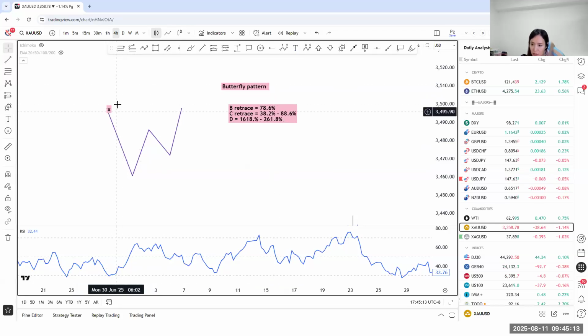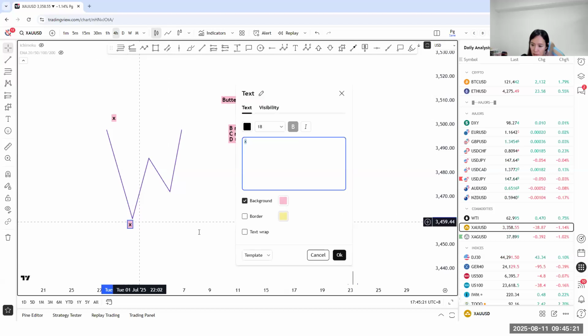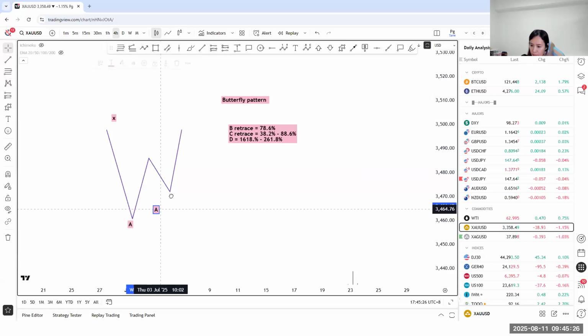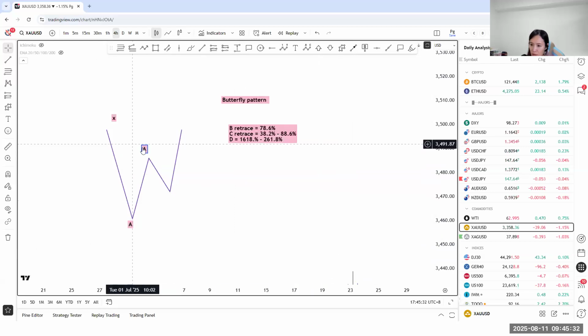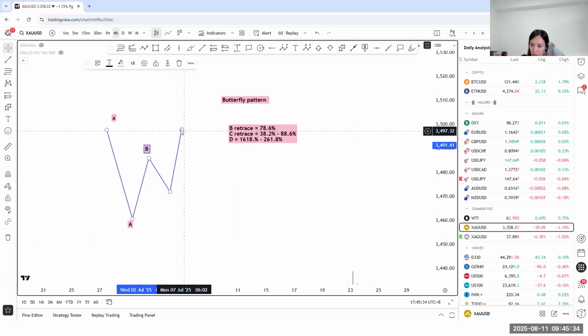Let's put here X. This is going to be A. This is B. This time I'm showing you an example of the sell entry.